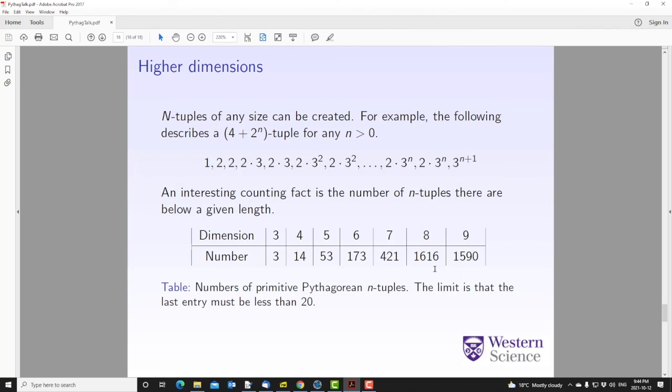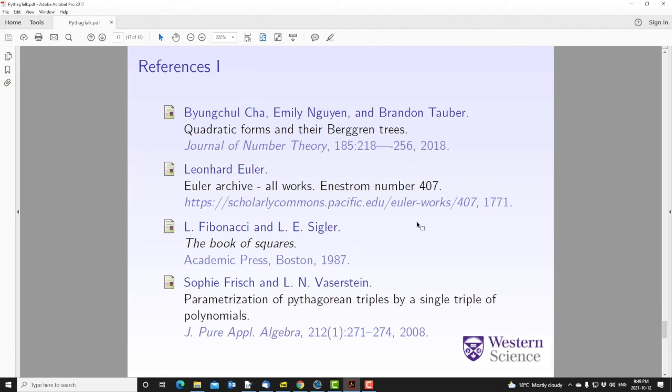And that continues up until dimension 8. And then from dimension 9 onwards, that number of possible n-tuples will decrease because, trivially, we expect that by the time you get to dimension 20, it will be impossible to get any 20-tuple which has a length less than 20.